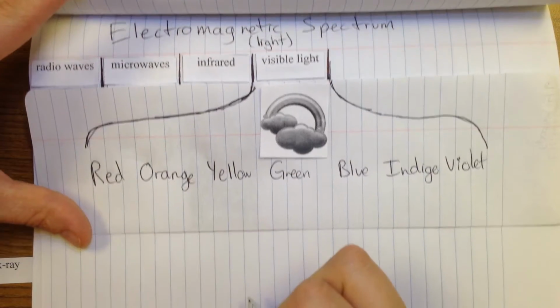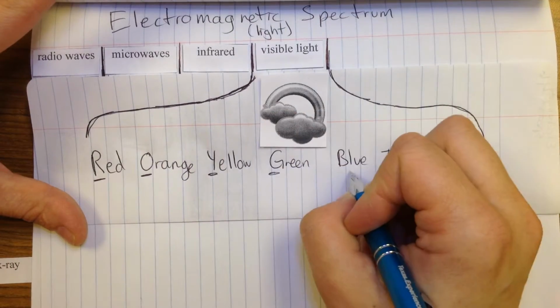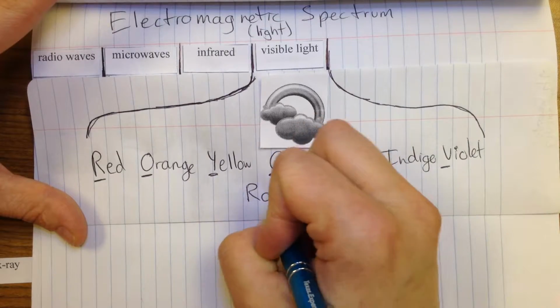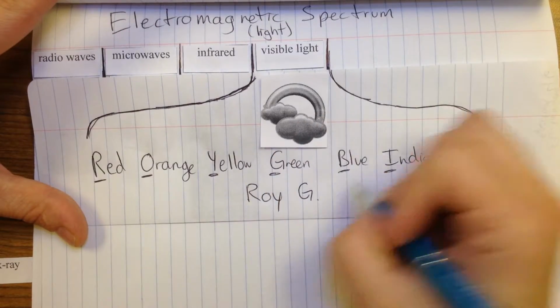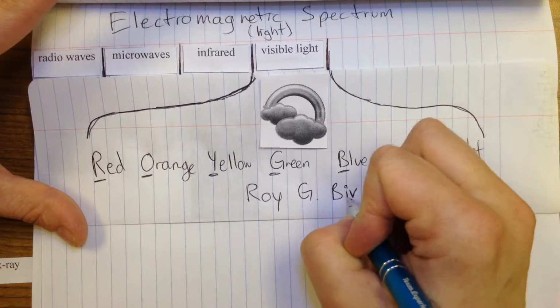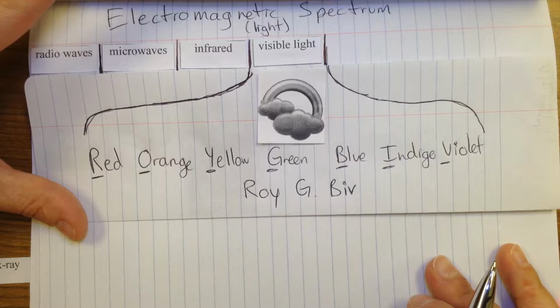Now the reason why we know that is because of an acronym. Take the first letter in each one of those words, and it makes like a guy's name, Roy, little middle initial G, and then Biv. Kind of a weird last name, but it helps you remember them in order. You do need to know those in order for the quiz.